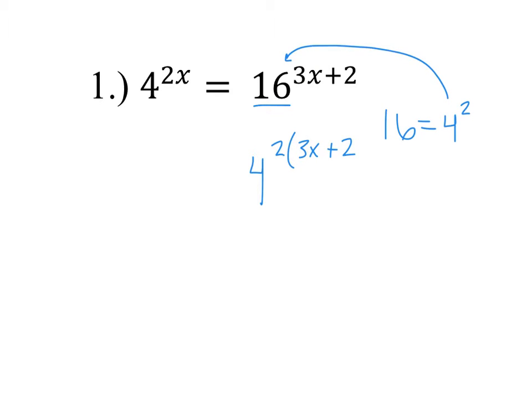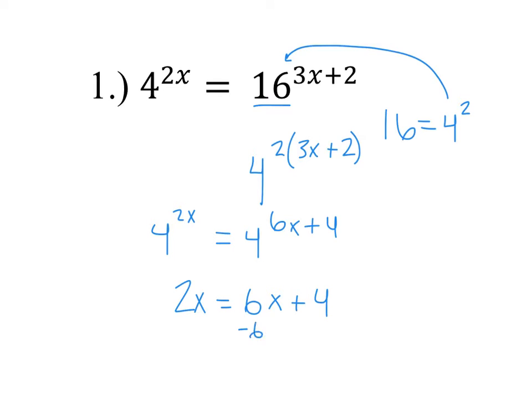So what it ends up being is 4 to the 6x, forgot the parentheses, 6x plus 4, and then equal to this side, just 4 to the 2x. Now that the bases are the same, using the property of equality, you can set the exponents equal to each other to solve for x.